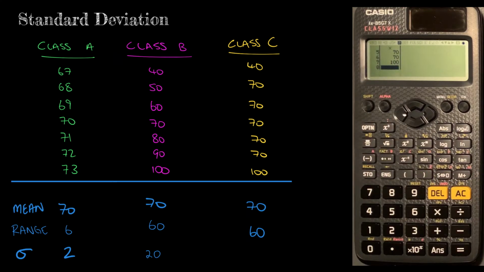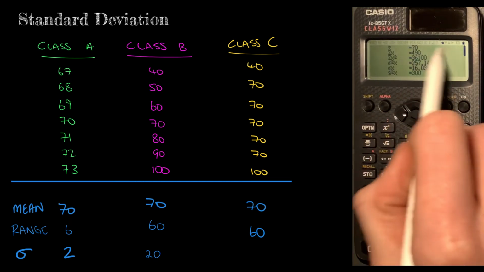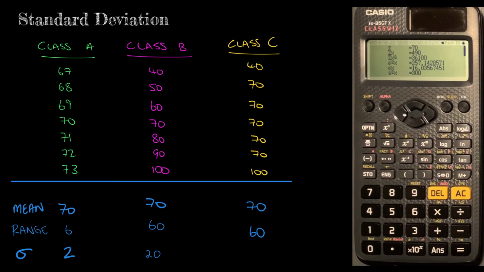Now we want the calculator to do the hard work and do all the calculations that we spent ages going through. So press options and go to one variable, and it gives you all of your standard deviations and everything there, all your averages.